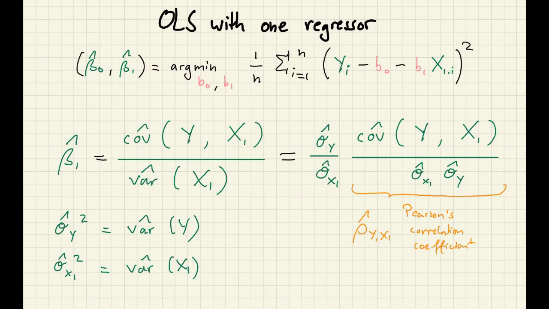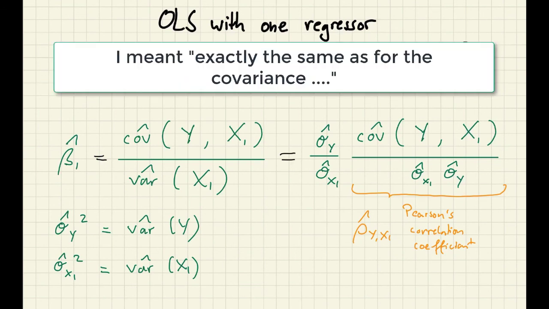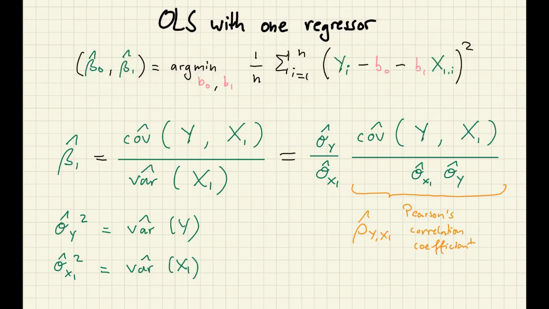The interpretation of the correlation coefficient is exactly the same as for the covariance, and the difference is that its value is bounded between -1 and 1. So if the correlation coefficient takes the value 0, then there is no correlation between the variables y and x1. If it takes the value -1, then there's perfect negative correlation between the variables y and x1. And if it takes the value 1, then there's perfect positive correlation between the variables y and x1.